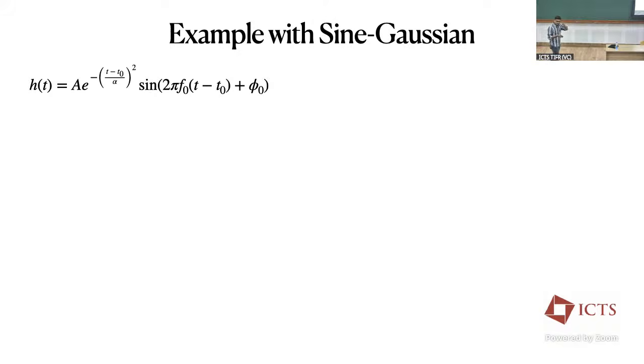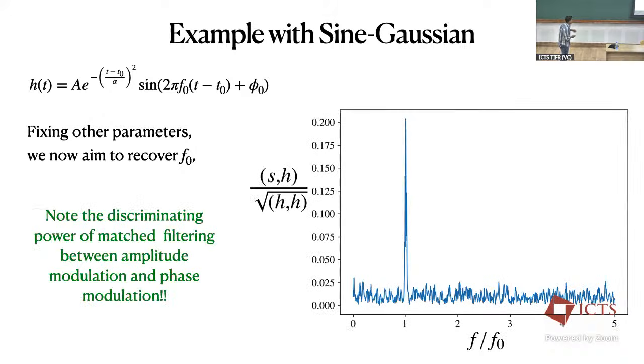So that is the phase modulation, and changing alpha is the amplitude modulation. And just because matched filtering calculates the phasing pretty well, because we are just multiplying in the frequency space, the power of matched filtering to capture the phase modulation is extremely good.